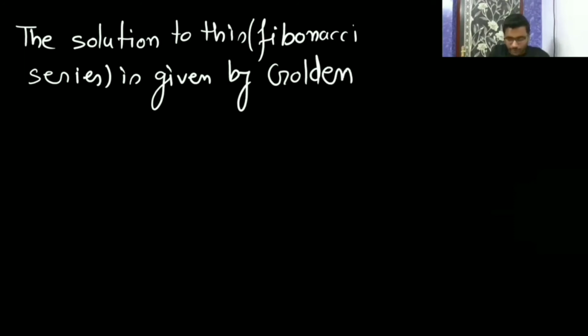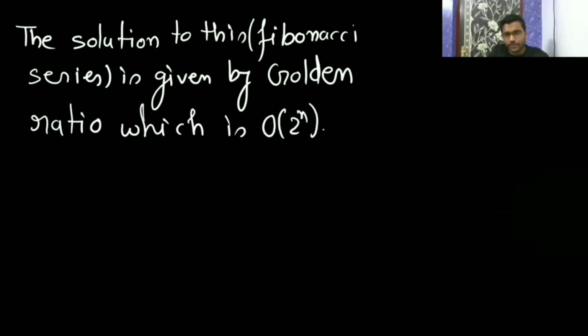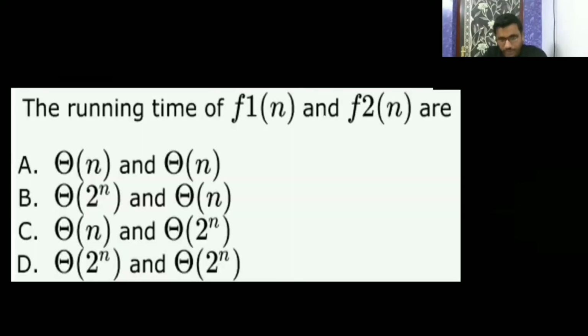Golden ratio is not in our syllabus. By the golden ratio, it is big O of 2 to the power n. Now we will see the next function, and we will try to find the time complexity of that.